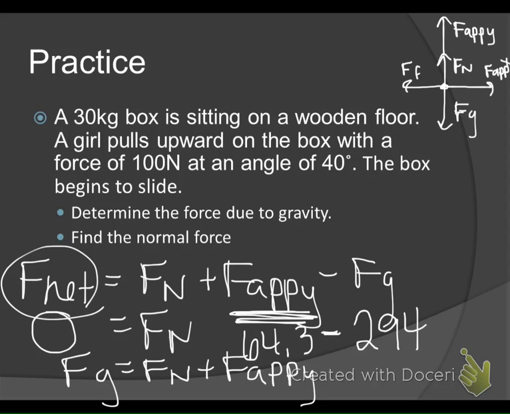So what we just did there is take 294 minus 64.3, and we got 229.7. What did you say, Madeline? 229.7. Okay, did that step make sense to everybody? It's not moving at all in the y direction, so we know our net force is 0. We can move gravity to the other side, which is 294, and then we subtract 64.3. All right? So there's our normal force.